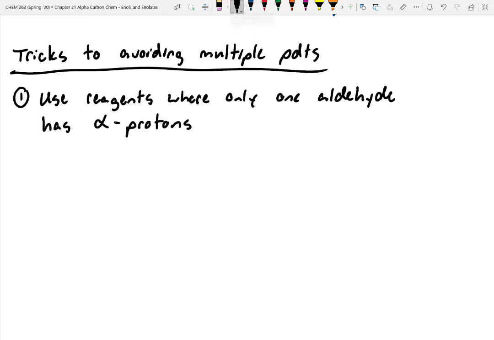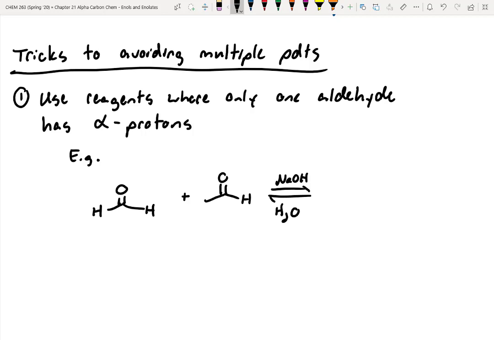So for example, let's consider this reaction with formaldehyde. Formaldehyde doesn't have any alpha protons because there's no alpha carbons to begin with. So if we were to react this with a second aldehyde, let's say this aldehyde, and we react this with sodium hydroxide and water, we're not going to have to worry about a mixture of products as much, right?